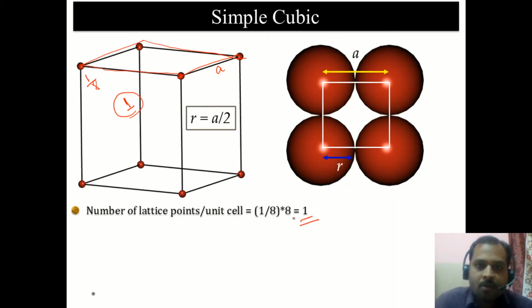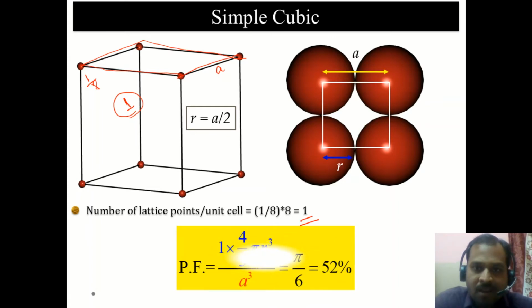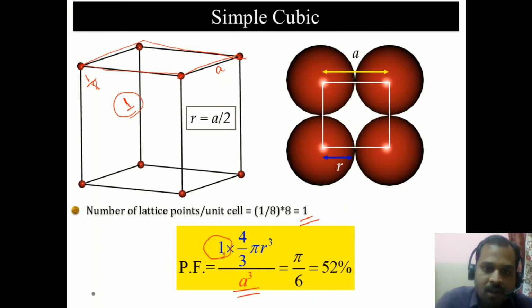Now let us find out the packing fraction. As defined, it is the ratio between the total volume occupied inside the unit cell by the atoms to the volume of the unit cell. Since it is a cubic structure, the volume is easy to calculate, that is A cube, and since it contains only one lattice point, that means only one atom, even though there are 8 atoms at the 8 corners, the contribution to this unit cell is only 1 by 8.